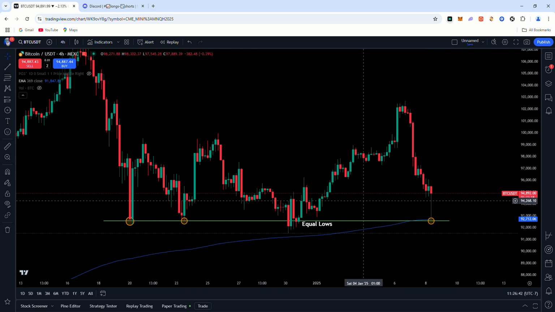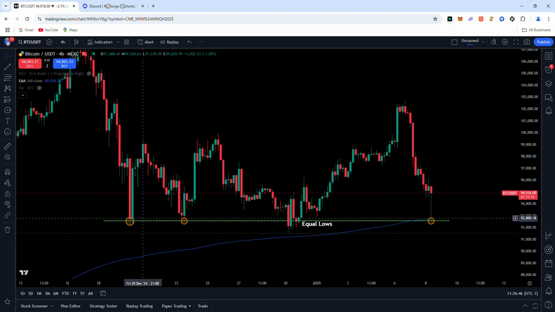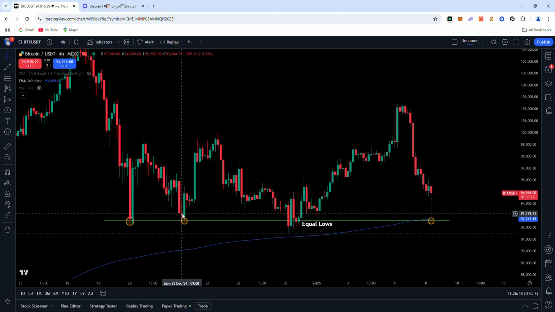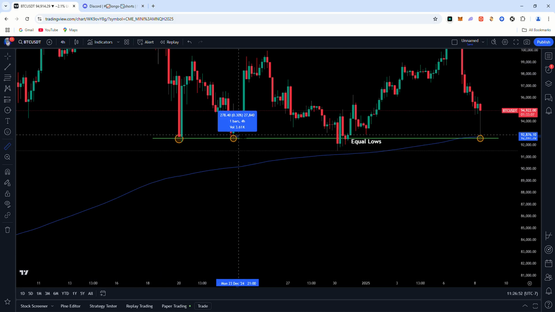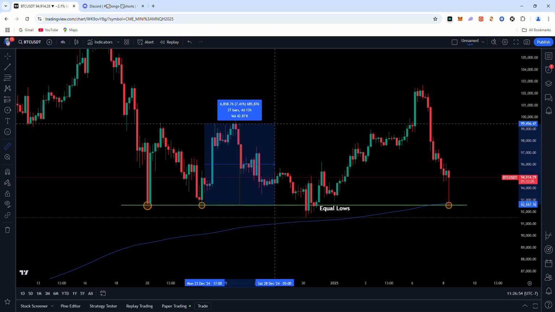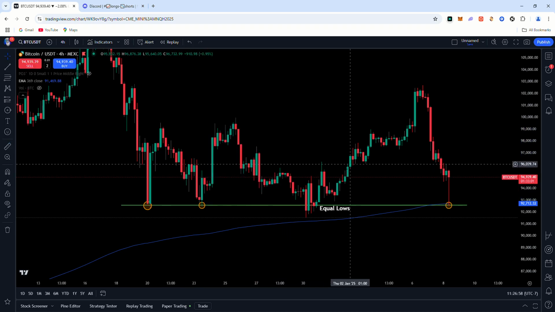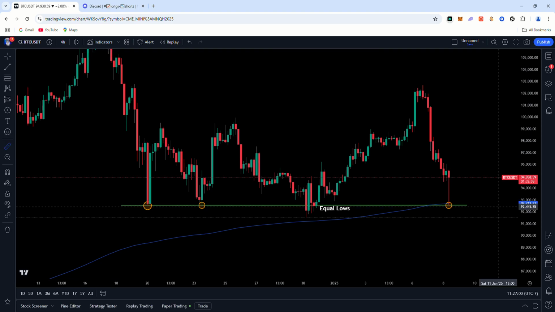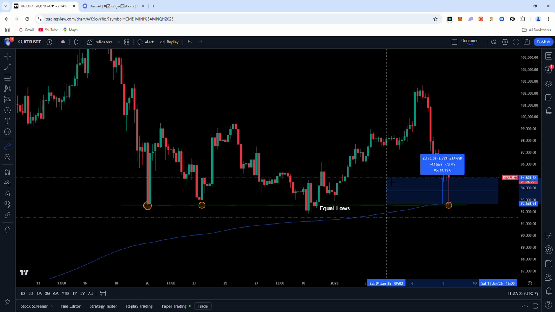Everything else that's going on, we don't touch it. Here, you would have bounced very nicely because you would have taken an equal low. That's a 7% move on Bitcoin here, and this thing could keep going for sure. Currently, right now, a nice day trade, 2.3% on Bitcoin.